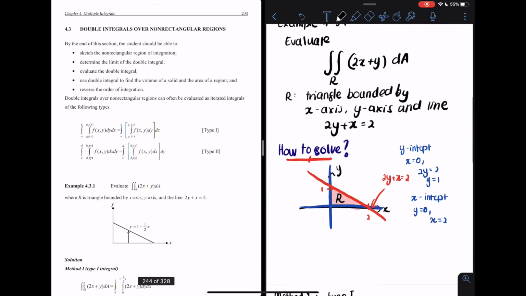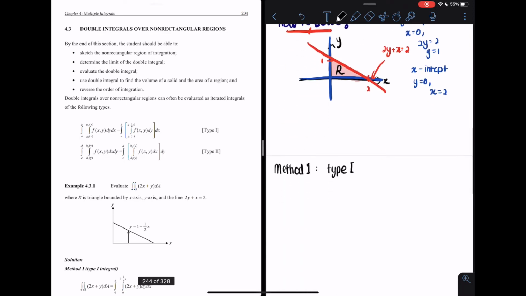When you have a type 1 integral, you can transform the expression 2y plus x dA into dy dx. I'll leave some space because I need to put the limits in later. So the integrand is 2y plus x, dy dx.